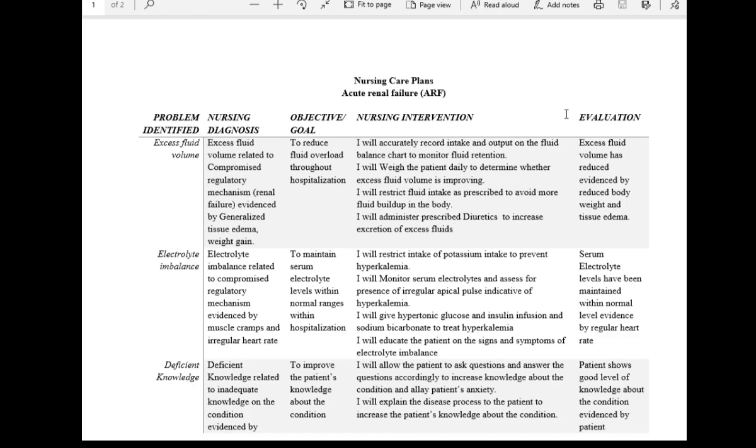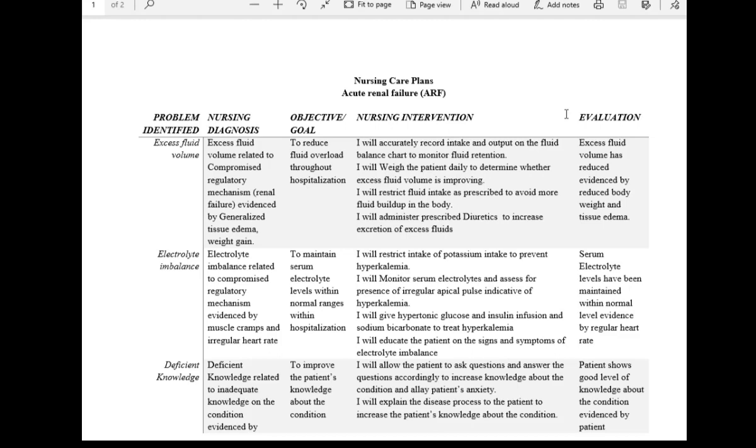Our nursing interventions. The first one, I will restrict intake of potassium to prevent hyperkalemia. So because there is increased reabsorption of potassium, I will restrict intake of potassium so that we can prevent hyperkalemia.